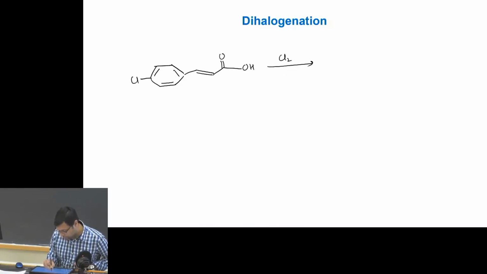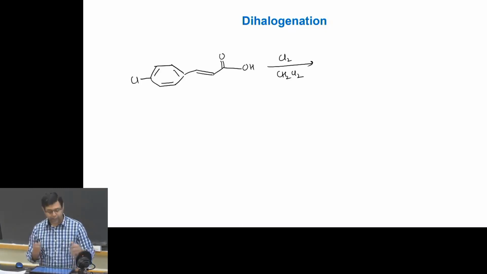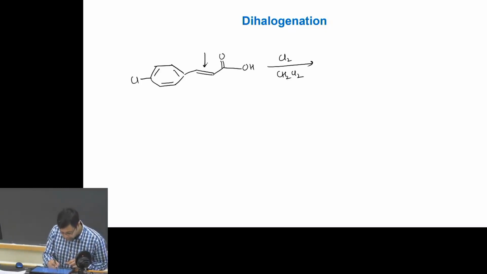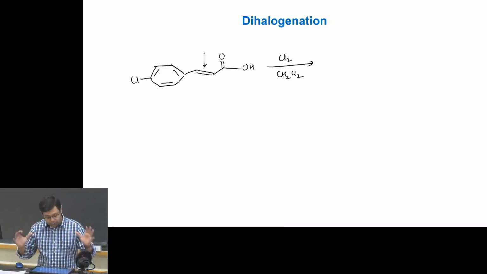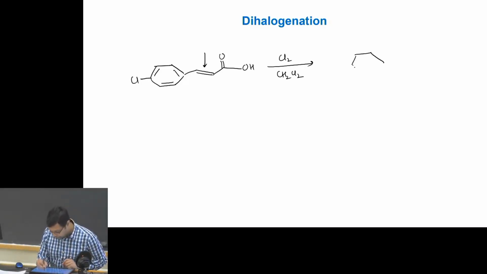Let's say I'm starting off with this compound. This time I'm using chlorine as the halogen. Again, the focus of the reaction is the double bond. Don't worry about the rest of the molecule. It's just going to tag along, right? It's a straight chain compound.